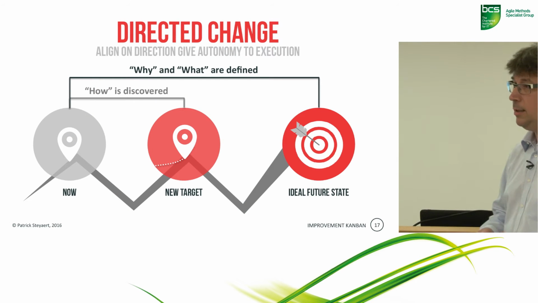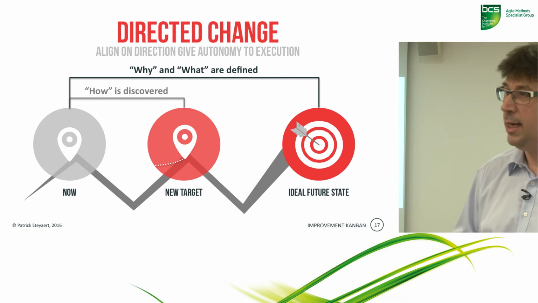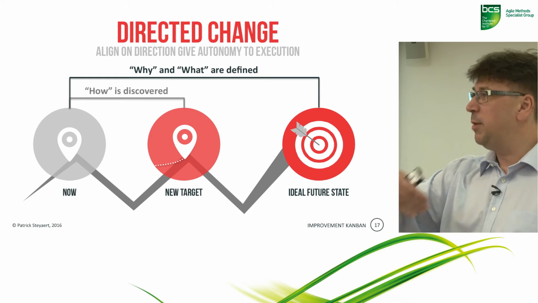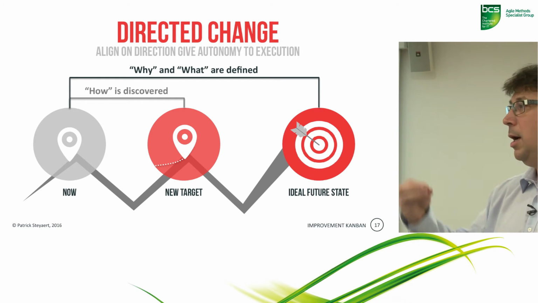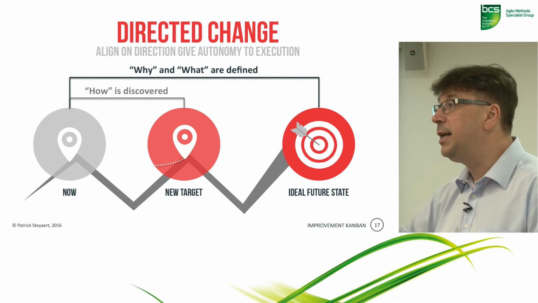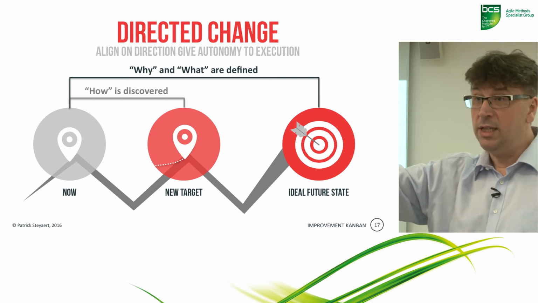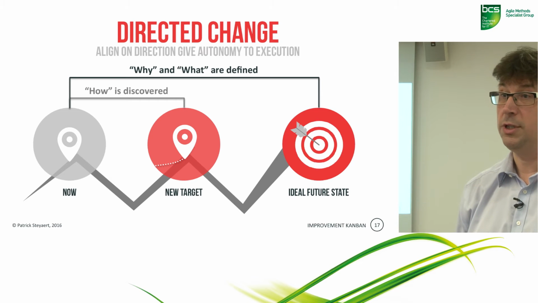So Toyota developed this into what I call a directed change. Not just active experimentation in the wild, but active experimentation with some kind of goal. The goal is some ideal future state, and we actively experiment to find out how we can achieve that ideal future state.